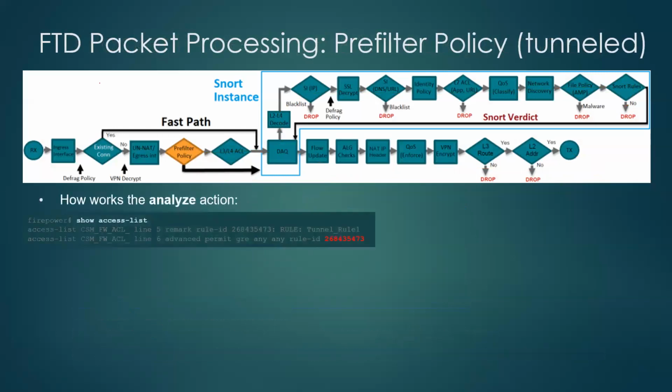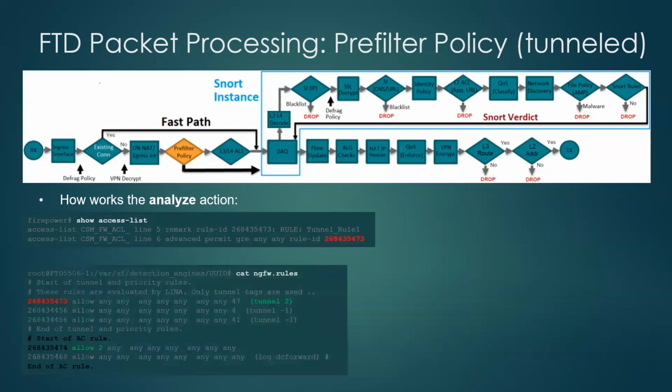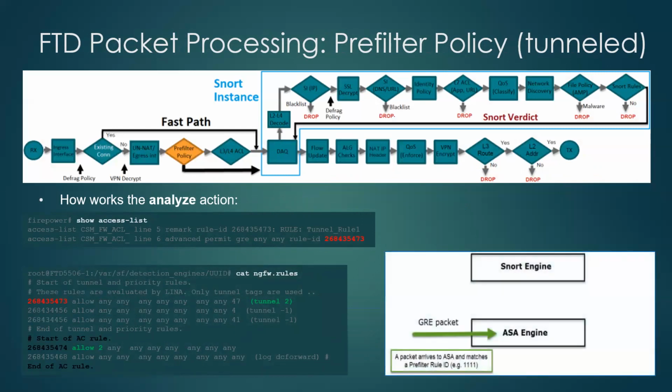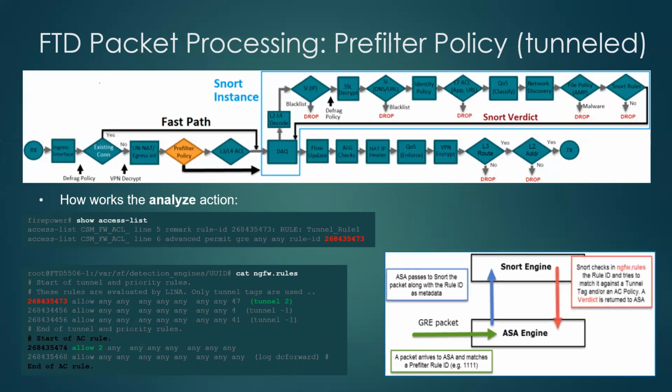How does analyze work? Obviously it will put the rule in place. Here you can see in the animation diagram a GRE packet first hitting the ASA engine, then because the analyze option is enabled, the ASA sends that packet for Snort inspection. Snort will check the next-generation firewall rules.